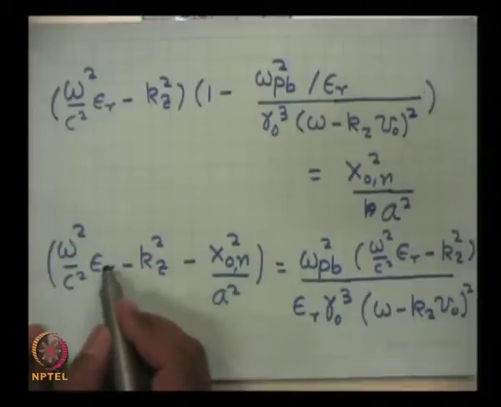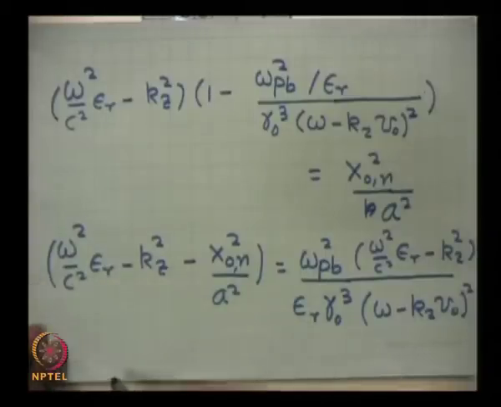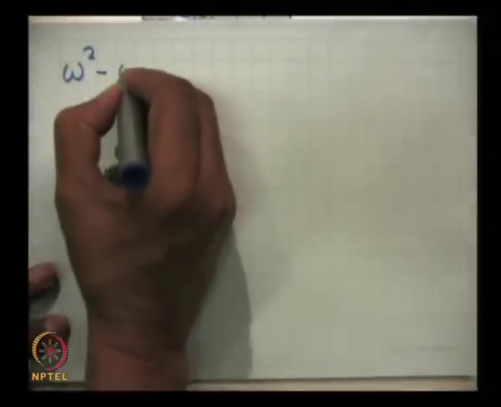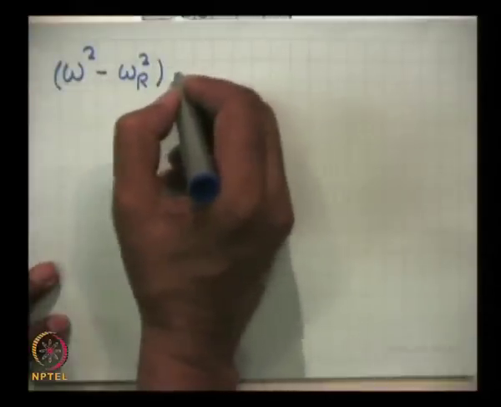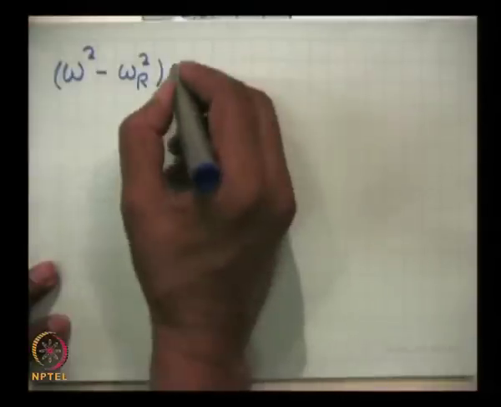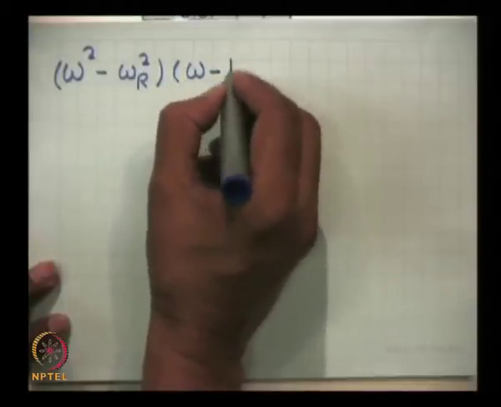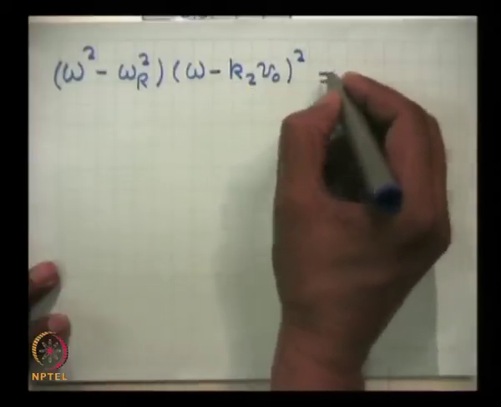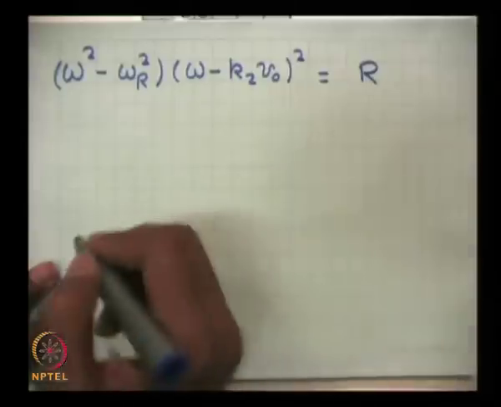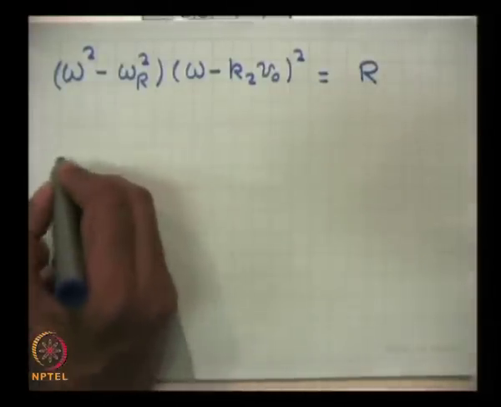So if I take epsilon r by c square common and divide this equation by that factor, then this equation can be cast into a similar form, and the form is like this: omega square minus omega r square, I will call this quantity omega r square rather than omega p, times omega minus kz v0 square is equal to the right hand side, which I will call r.